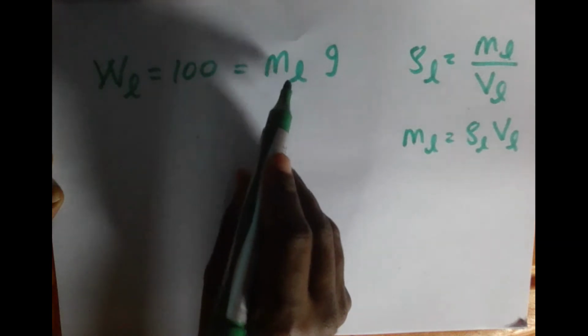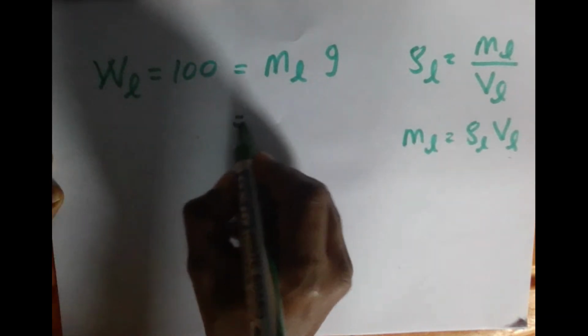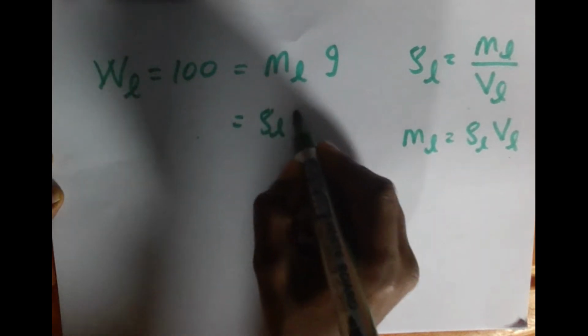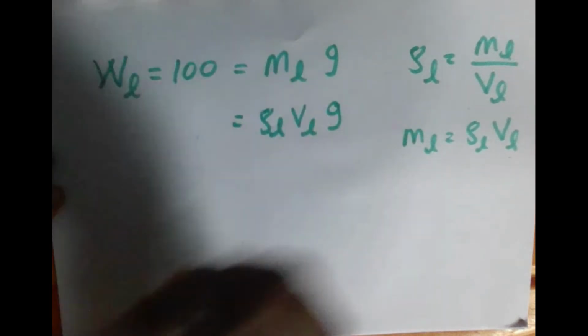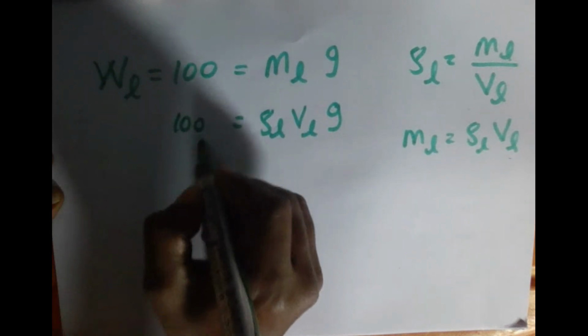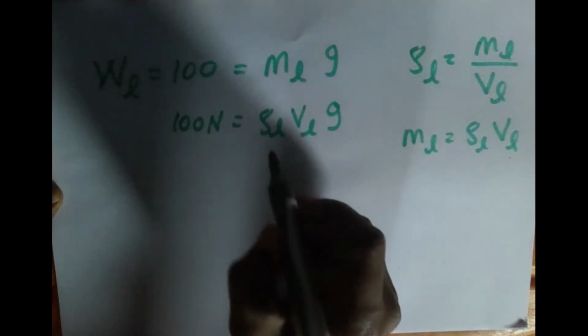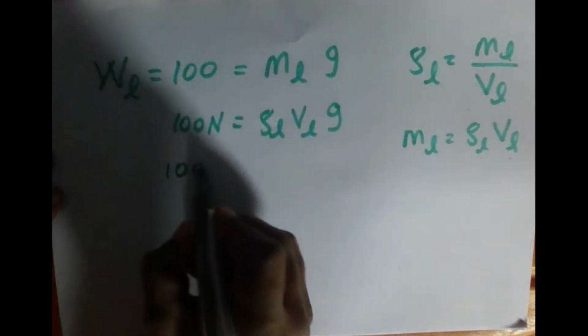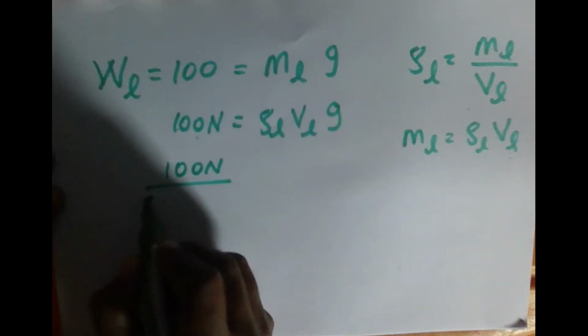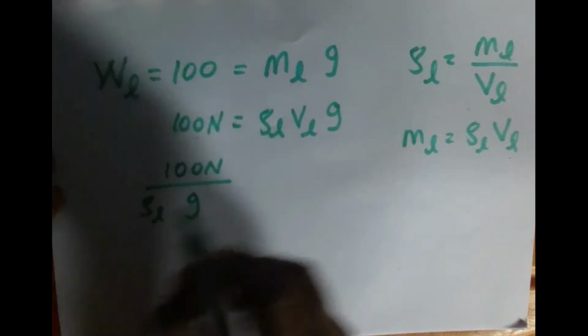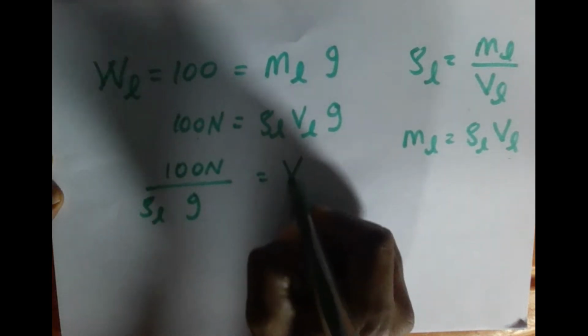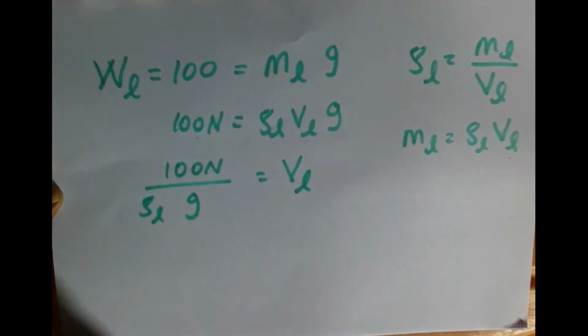Replacing the mass, we get rho of the liquid multiplied by volume of the liquid multiplied by gravity is equal to 100 Newton. Divide both sides by rho of the liquid and the acceleration due to gravity, and we get the volume of the liquid equals 100 divided by rho of the liquid multiplied by gravity.